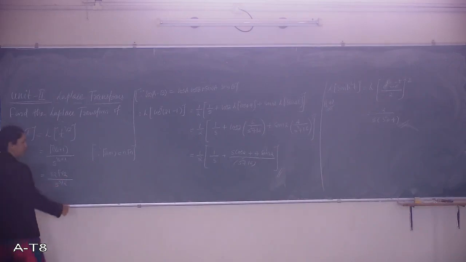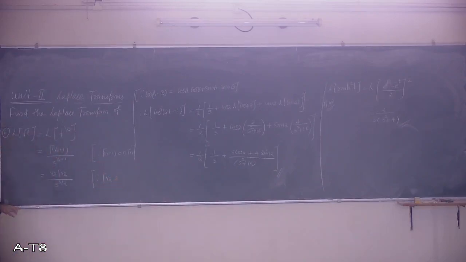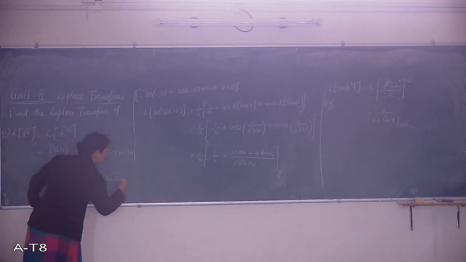Now again we have gamma of 1 by 2, an already proved result from the gamma function: gamma of 1 by 2 is equal to root pi.